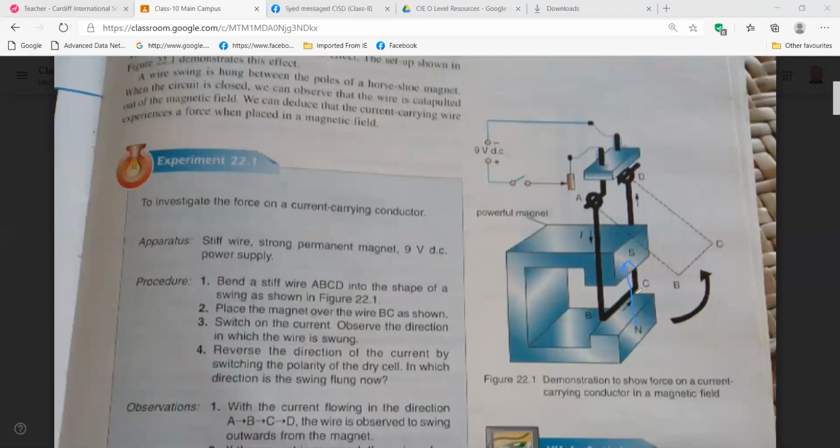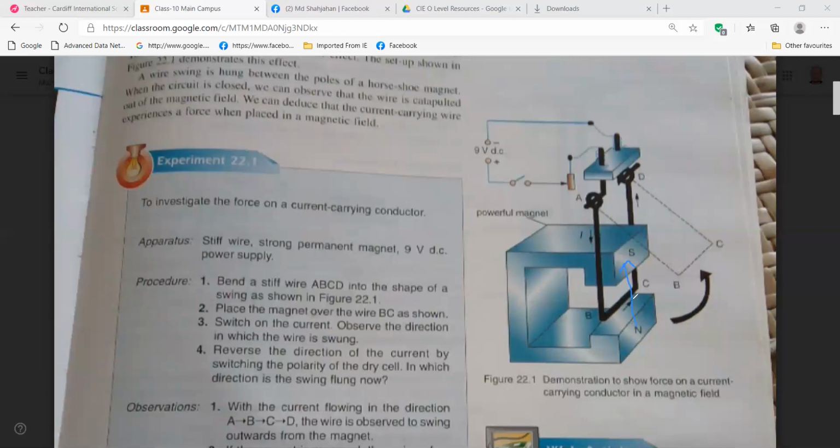So you fix your left hand the way it's given there. Your field direction, the first finger or forefinger, is upwards. The direction of current we are considering is towards the page.